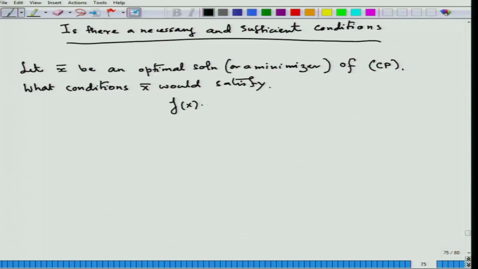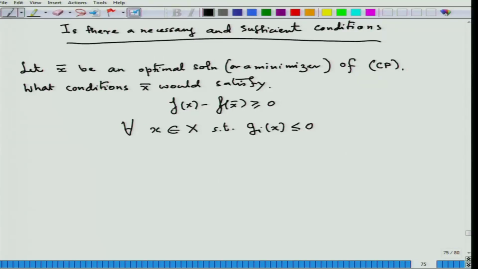So, this means that for every x of this form, this is what is going to happen.